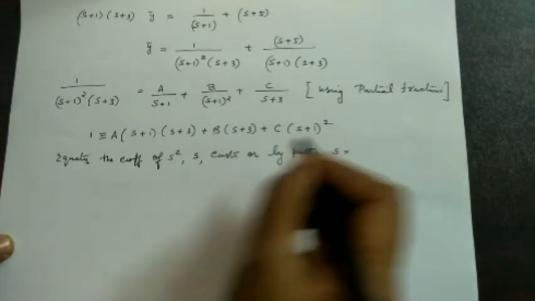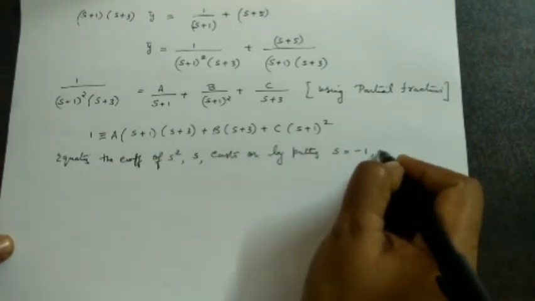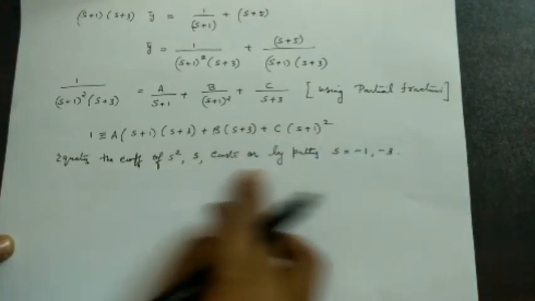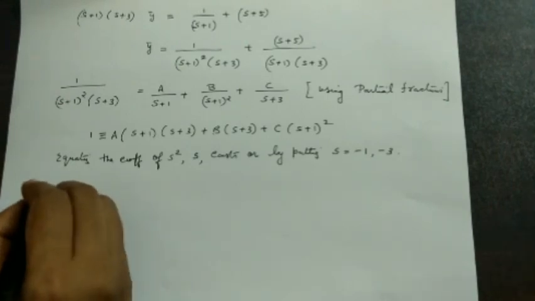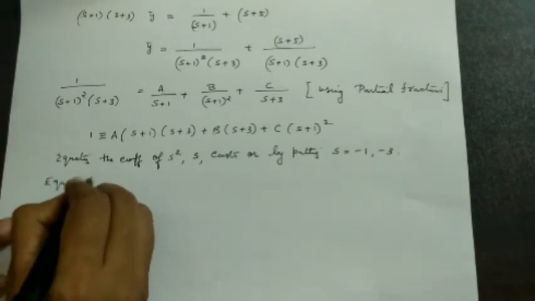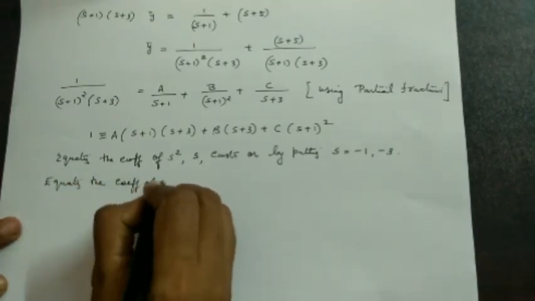Here the values for s are by putting s equal to minus 1 or s equal to minus 3. You can use any method from this. Okay. First of all, I am equating the coefficient of s square.